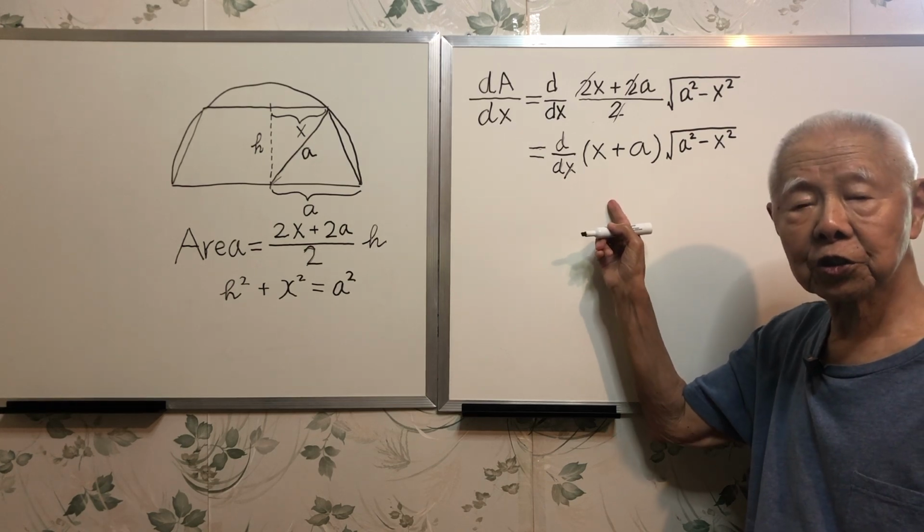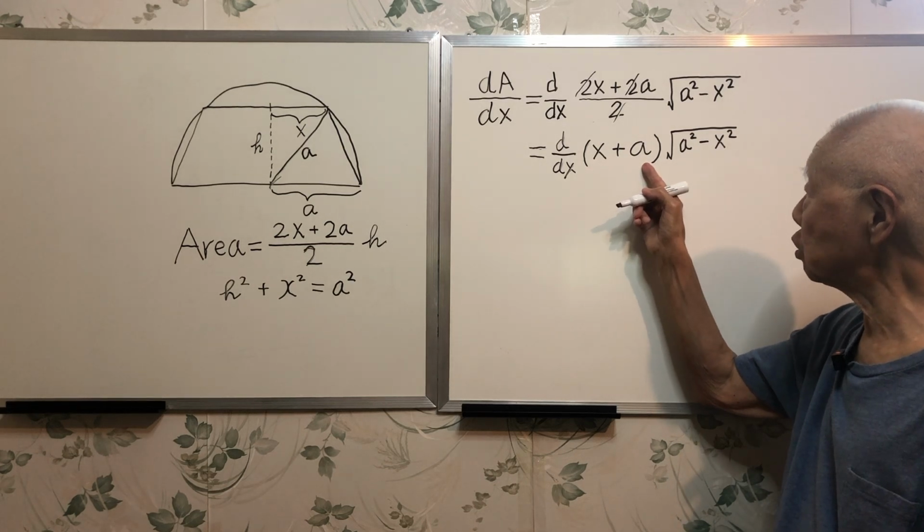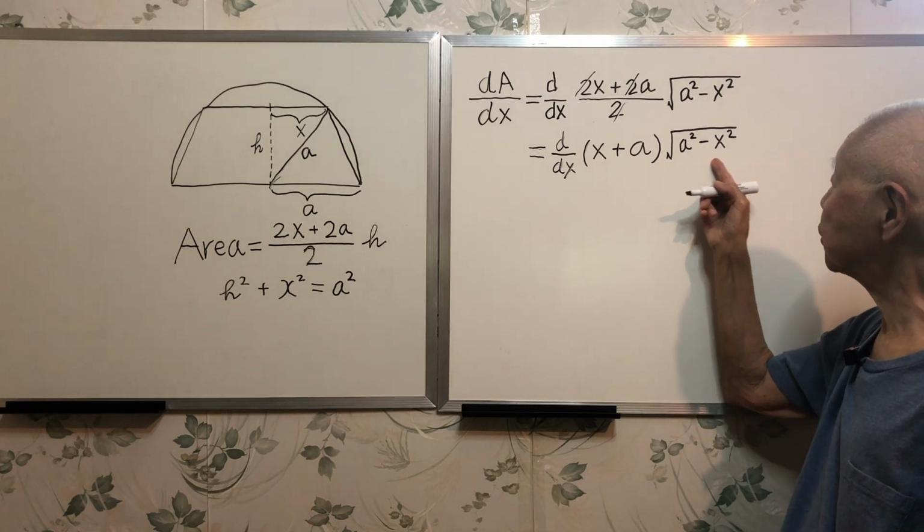And this is a product rule, a product of this function multiplied by this function.